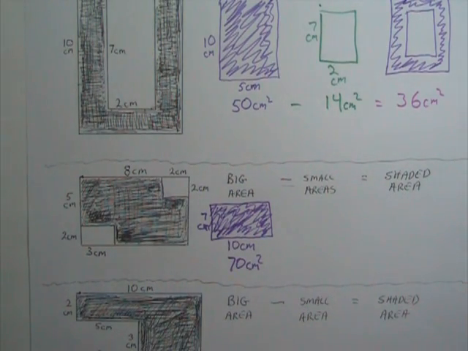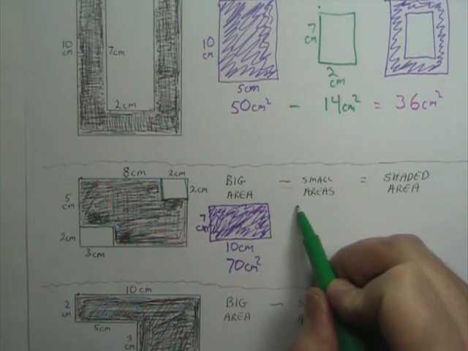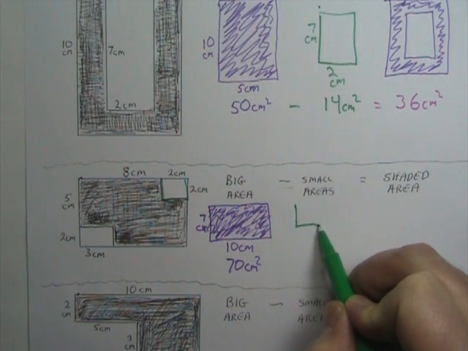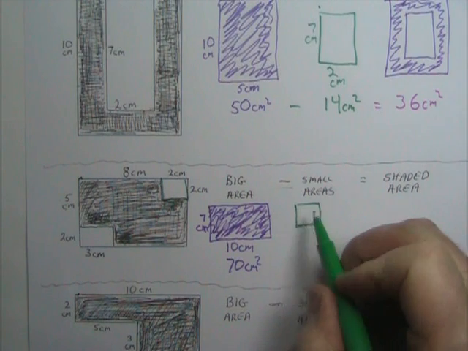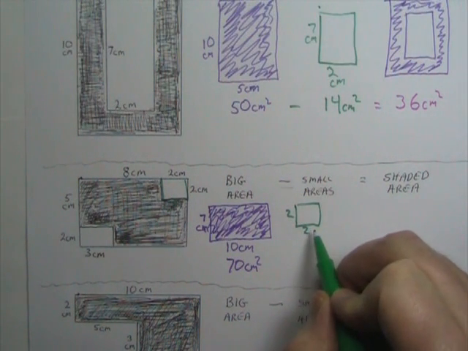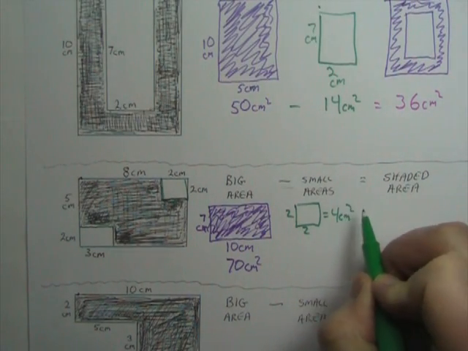Now I need to subtract the smaller areas. Okay, so I'm going to subtract this area. I'm just going to write that down here. This little area. And this area is 2 by 2. So 2 by 2, that would be 4 centimeters squared.